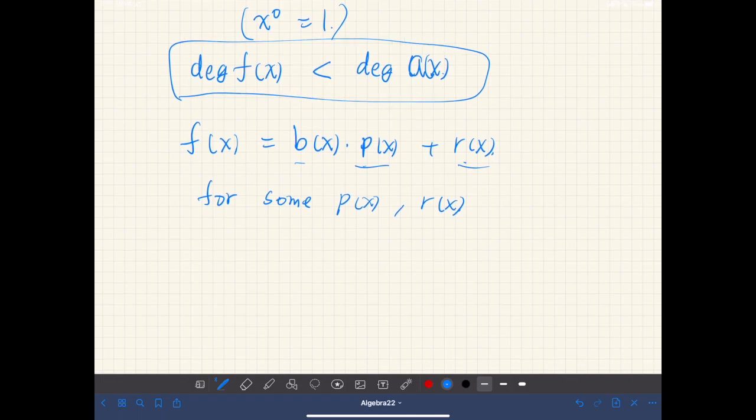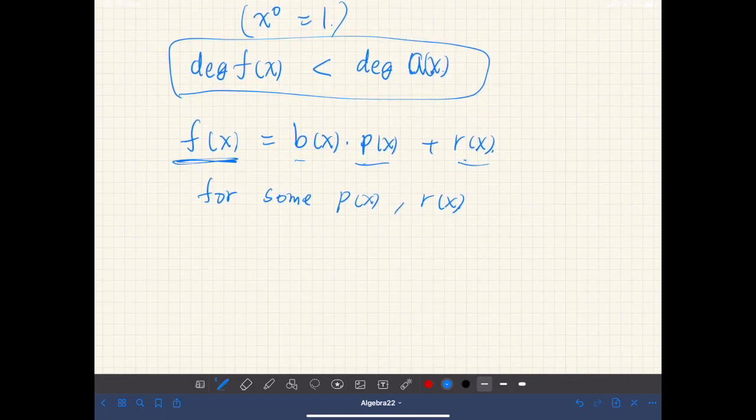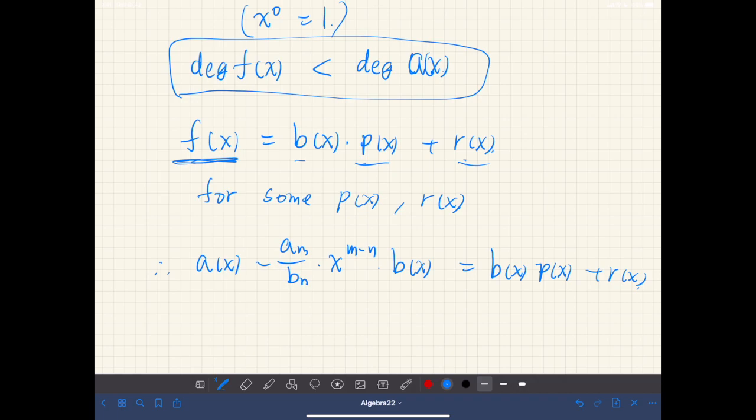Now, let's substitute the definition of f of x into this equation. Then we have a of x minus a_m over b_n times x to the power of m minus n times b of x equals b of x times p of x plus r of x. Now we move this term to the right hand side.